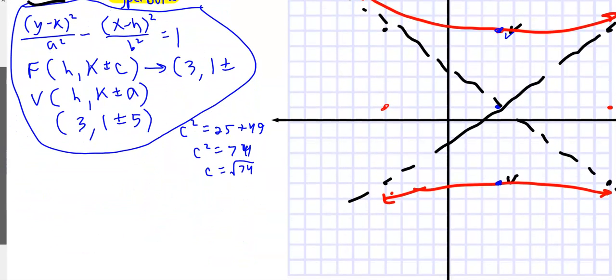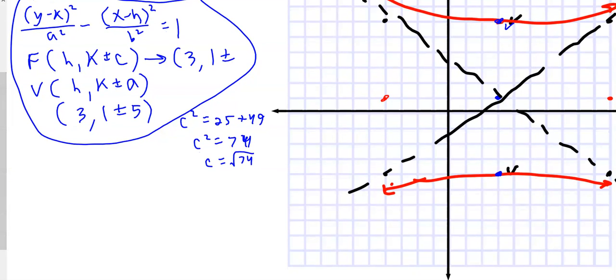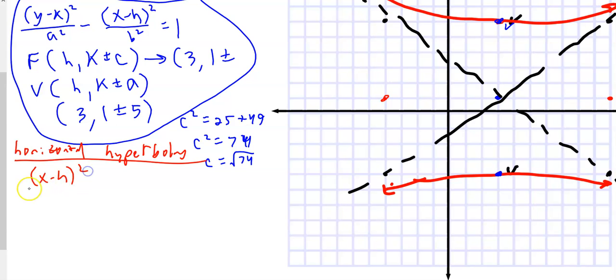Let's go ahead and write down the formulas for horizontal hyperbolas as well. For horizontal hyperbolas, you'll need these. These are the ones that are going kind of off to the side. So the x term is first: x minus h squared over a squared, minus y minus k squared over b squared, equals 1.